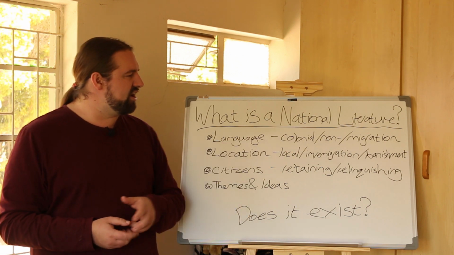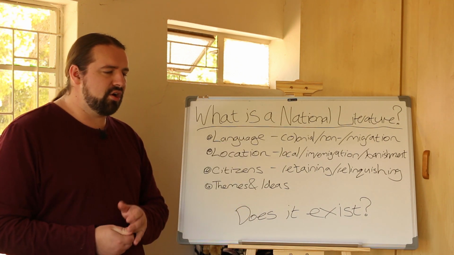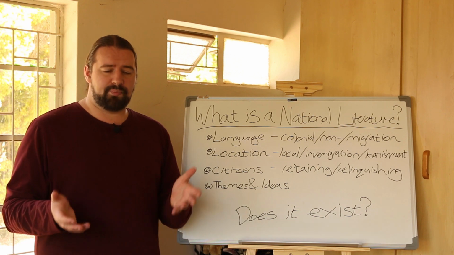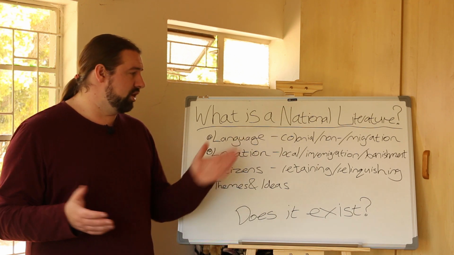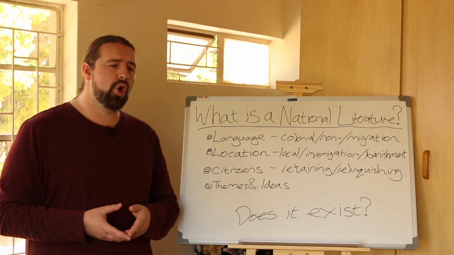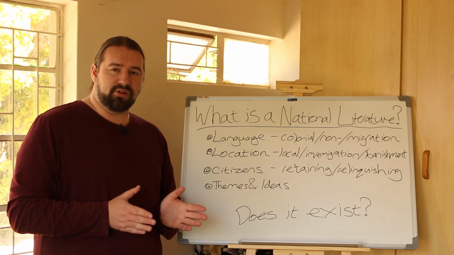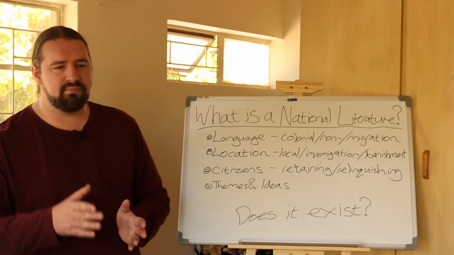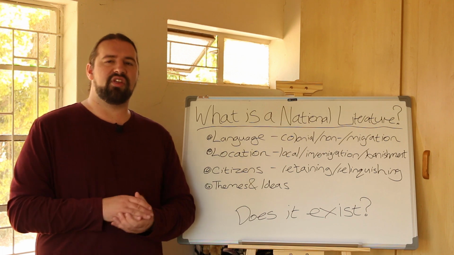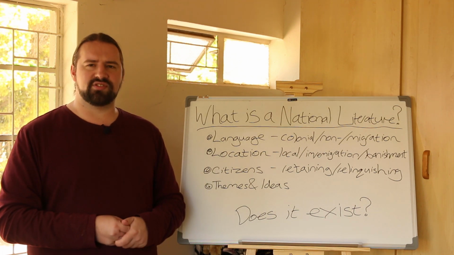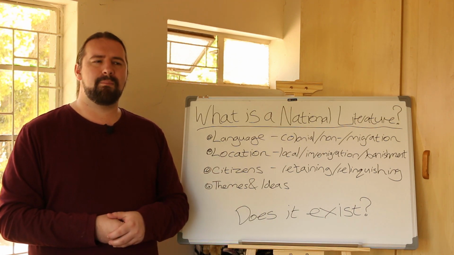Now, when I also said migration, there are other parts of South Africa, or in general, where there are people who, from a foreign perspective, are Africans, so therefore they're from South Africa, but not really.